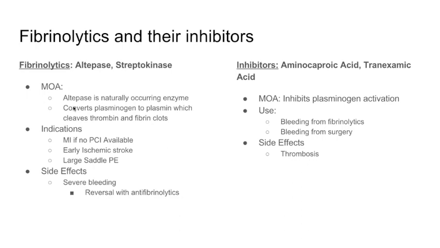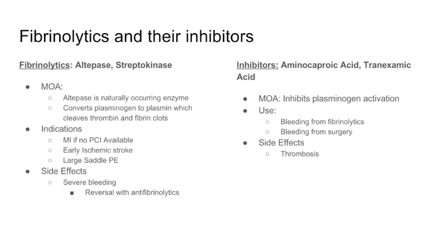Indications for fibrinolytics: if you have an acute myocardial infarction and you don't have a cath lab available, you can give a fibrinolytic to break that clot. For early ischemic stroke, if you have a patient with a thrombotic stroke, you can give fibrinolytics.